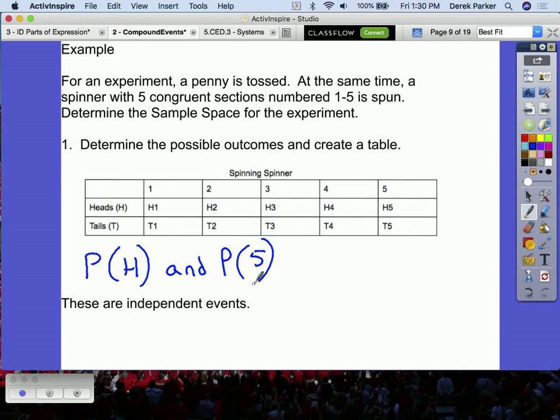So the probability of landing on heads is 1 out of 2 times the probability of landing on a 5. There are 5 sample spaces, so the denominator is 5, and there is 1 5 on the spinner. So the probability is a half times 1/5. So the probability of landing on heads and landing on a 5 is 1/10.